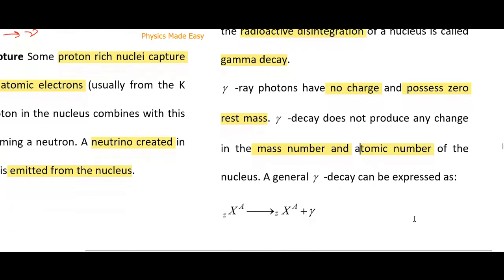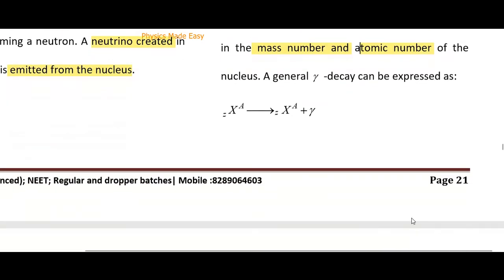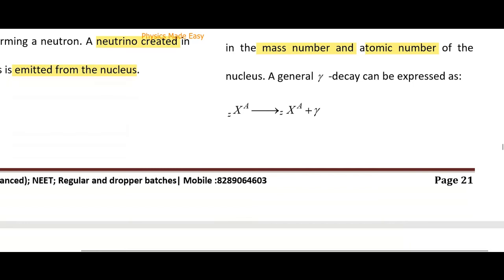A general gamma decay is expressed like this. What we can write is ZXA, I will write here star. It means it's an excited nuclei and it prefers radiative de-excitation.